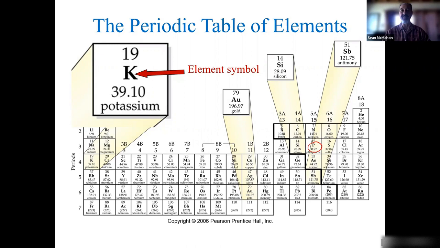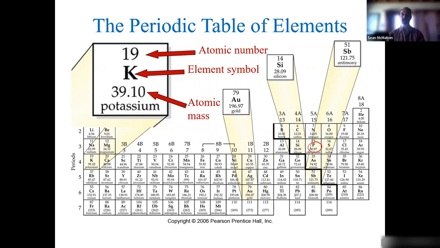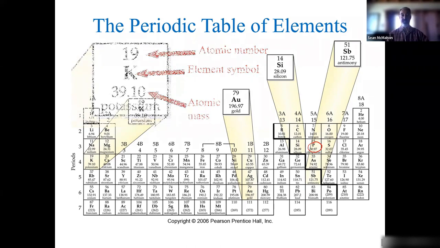The two numbers, the atomic number is the smaller number of the two numbers, and it's what we use to identify the element. So the atomic number tells me the number of protons. The larger number is the atomic mass, and that's derived from the AMU. And where do we get the mass from? The protons and neutrons together.